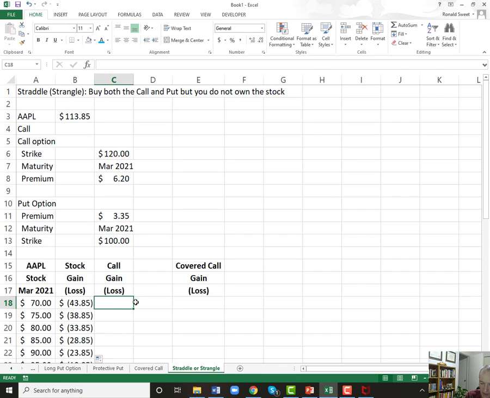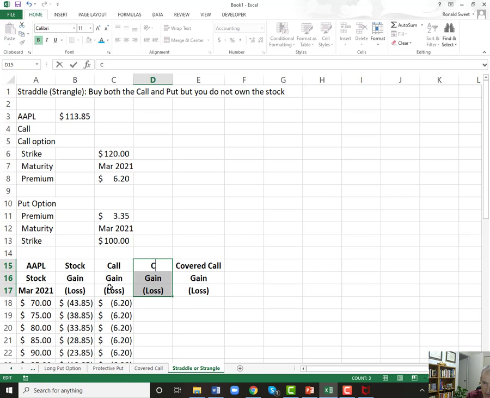The gain on the call, remember this formula, equals max of the current price minus the strike, comma 0, which we know is 0 because the stock price fell, minus what we paid for the option. So there we lose $6.20. The put gain and loss is exactly what we did before.